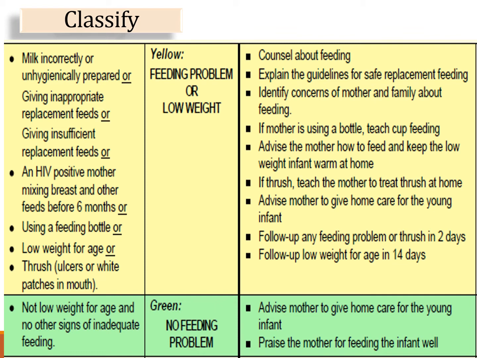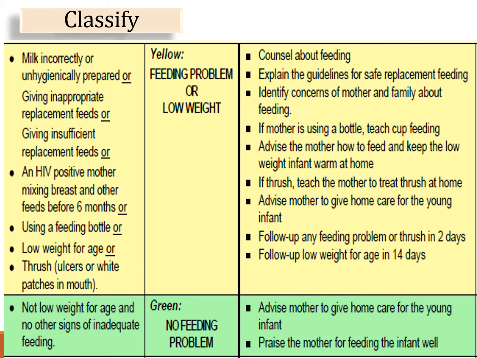That's your inappropriate replacement feeds. An HIV positive mother mixing breast and other feeds before 6 months, or using a bottle, or low weight for age, or thrush or ulcers or patches in the mouth.